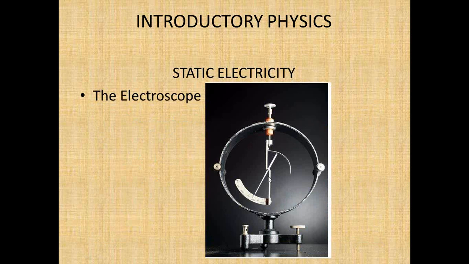So if these two metal objects are charged similarly, they're going to move apart, because remember, like charges repel. If this is charged positive and this is charged positive, they're going to repel each other. So it's going to move away. You're going to see the needle flicker. If they're neutral, however, they're both going to be vertical.